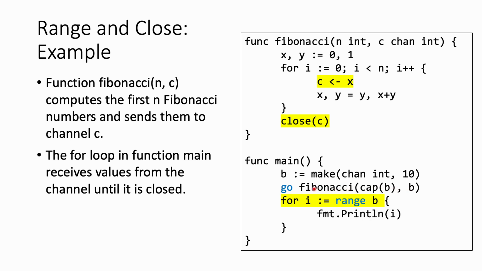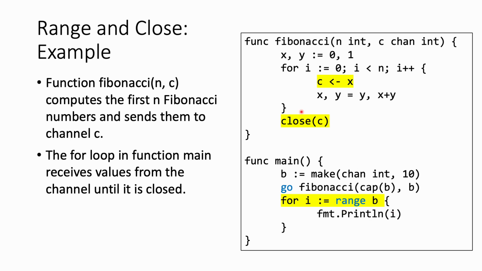The call to fibonacci is placed in a go statement, so it will be executed in a new goroutine. Finally, we use a loop that ranges over channel b to display all numbers that channel b has received.